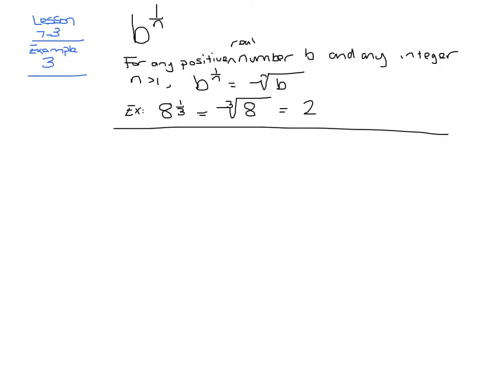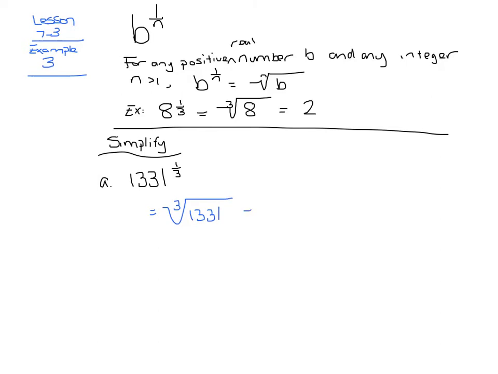Now, for our additional examples, we're going to be asked to simplify. In example A, it would be 1,331 to the 1/3 power. Well, this is going to be the 3rd root of 1,331.